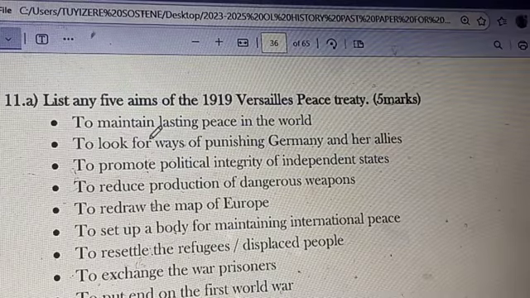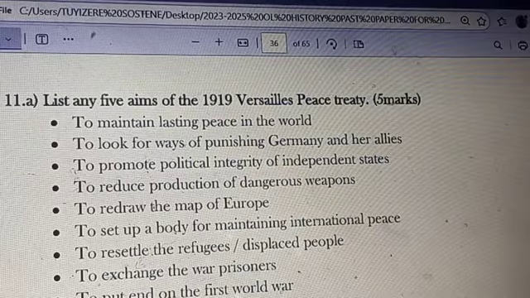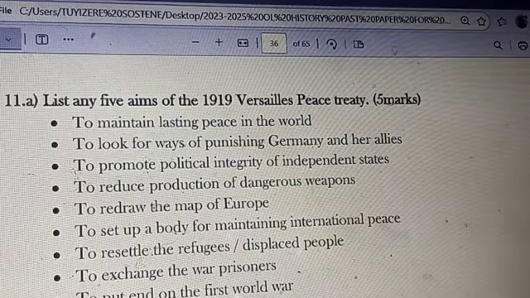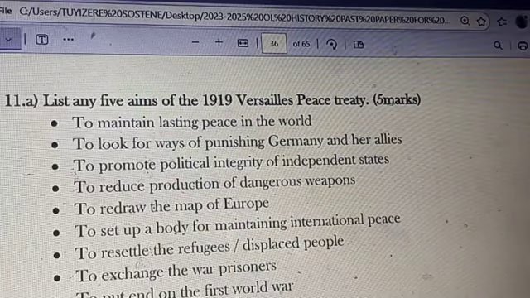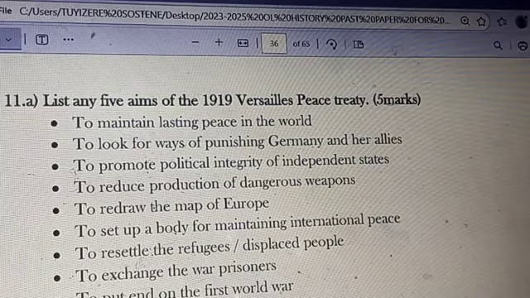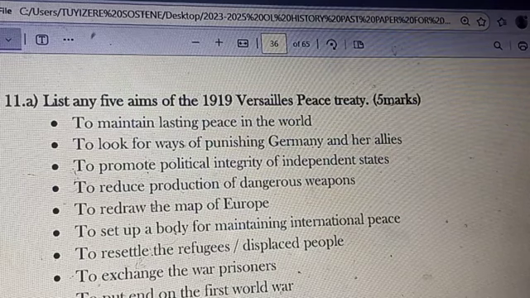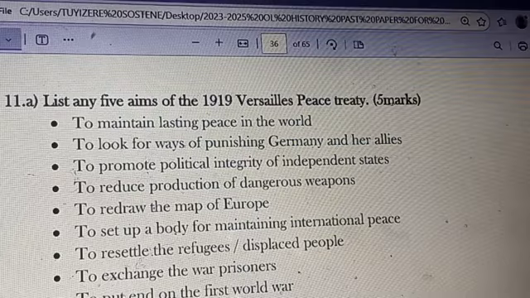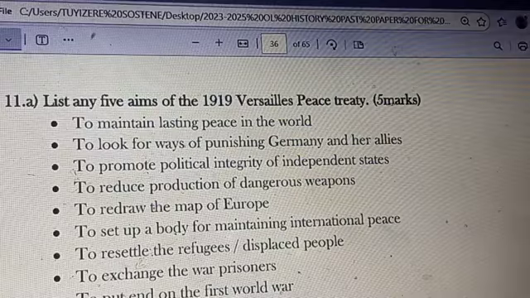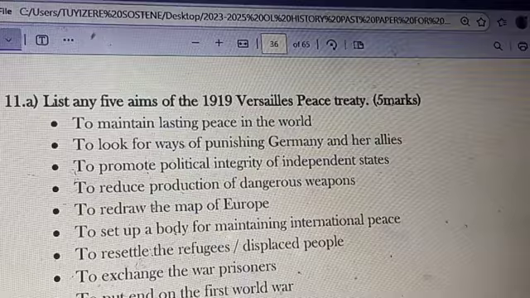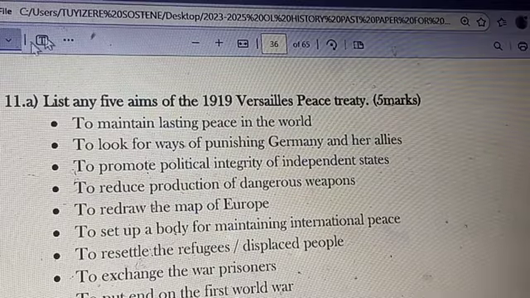The first, to maintain lasting peace in the world, to look for ways of punishing Germany and her allies, to promote political integrity of independent states, to reduce production of dangerous weapons, to redraw the map of Europe, to set up a body for maintaining international peace, to resettle the refugees or displaced people, to exchange the war prisoners, to put an end to the First World War, and to disarm all powers.